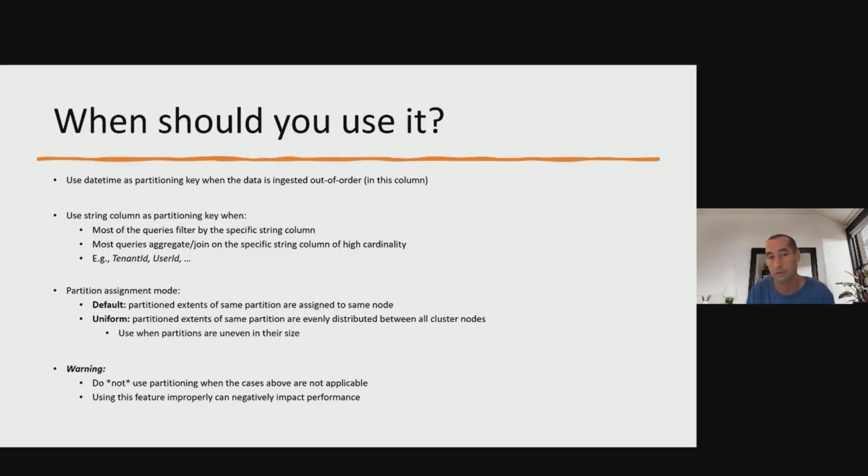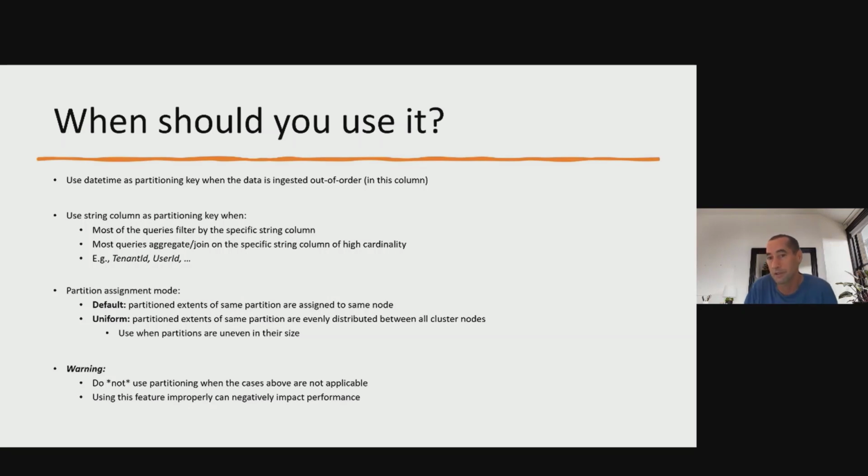The second reason for using partitioning on datetime is when the data is coming out of order. Sometimes we see that, because the client clock is skewed, sometimes we get data in the future, sometimes we get data in the very far past. It's just corrupted data essentially.